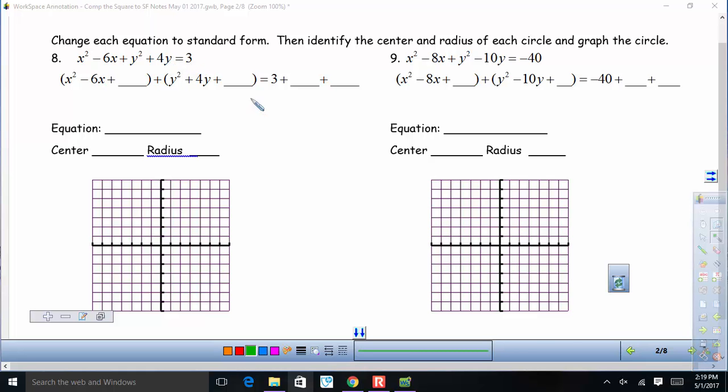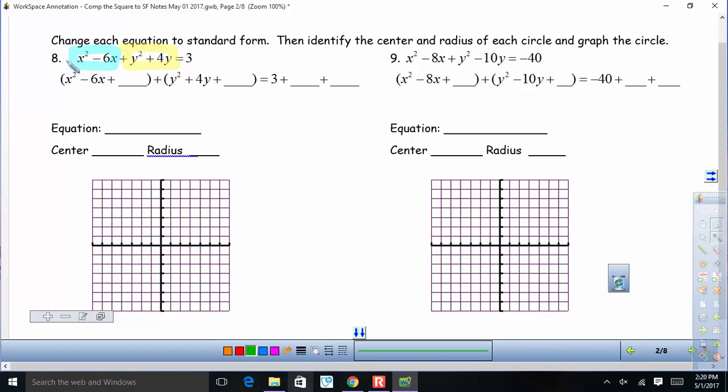That is nowhere close to my equation, (x minus h) squared plus (y minus k) squared equals r squared. So we're going to get it in that form by grouping our x's together and then grouping our y's together. Then we're going to do the same thing we did earlier and complete the square.